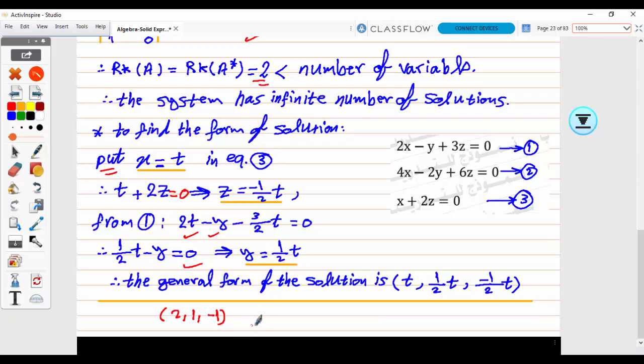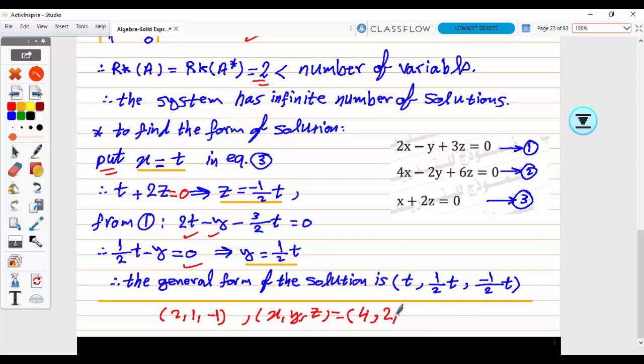Here we have an infinite number of solutions. Choose t with another number. So what is the value of x, y, and z? Consider t equals 4. So y equals half multiply 4, which equals 2.